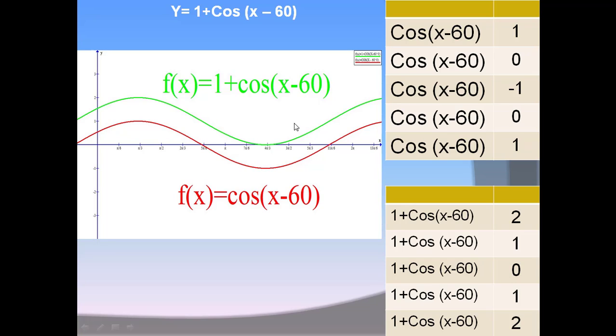If you want to draw 1 plus cos (x minus 60), you have to draw cos (x minus 60) first, and after that, you just shift everything up 1 point. So you can see before this was 1, now it becomes 2. Before 0 becomes 1, before minus 1 becomes 0, before 0 is 1, before this 1 becomes 2.